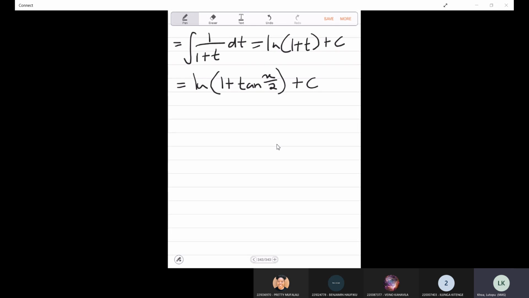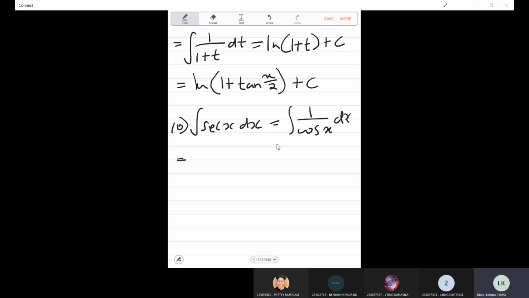Then number 10, this one says we must integrate sec x using the t formula. We've integrated this several times already, and we know the integral is ln of sec x plus tan x, but we can also use the t formula because this is just the integral of 1 over cos x dx, and then we substitute dx and cos x.